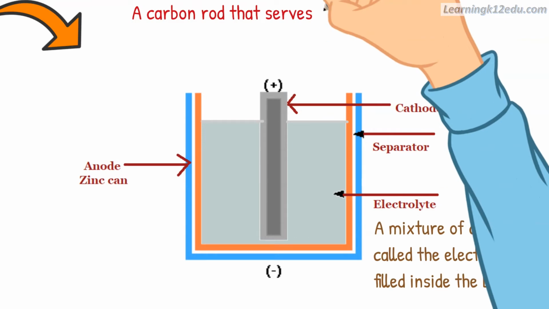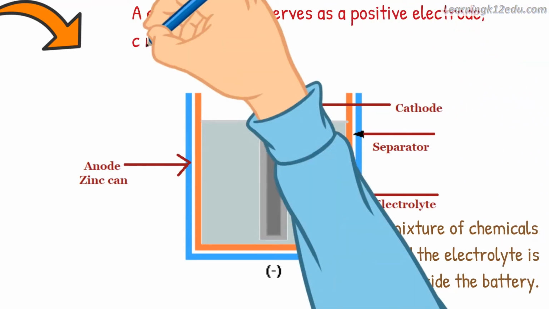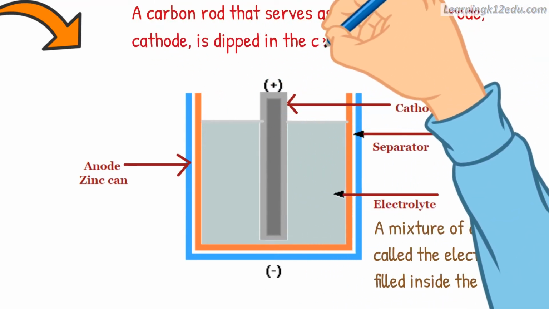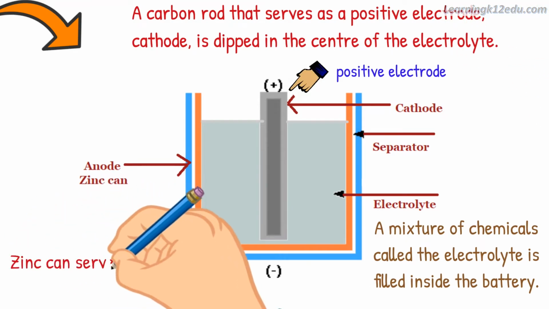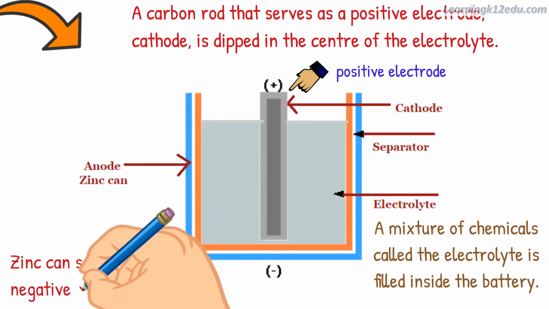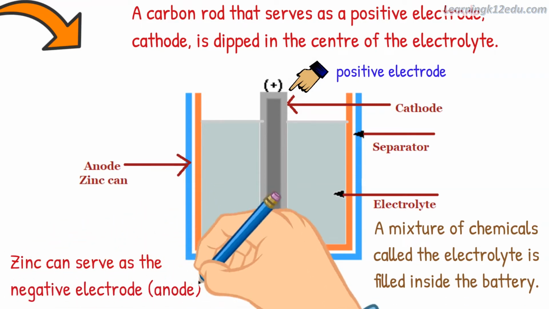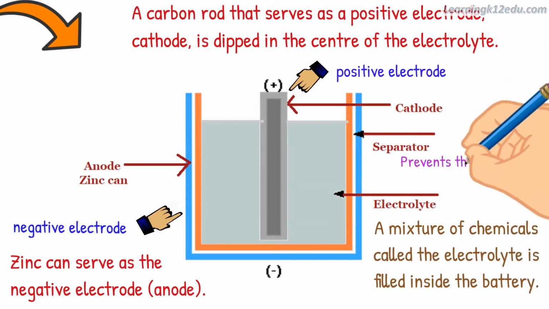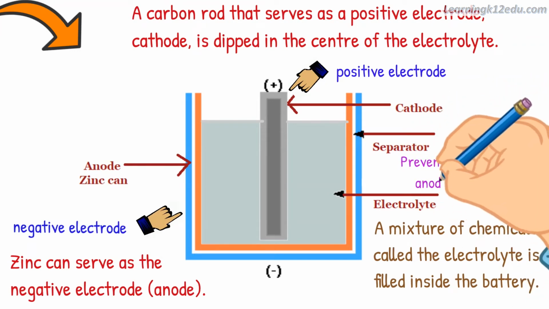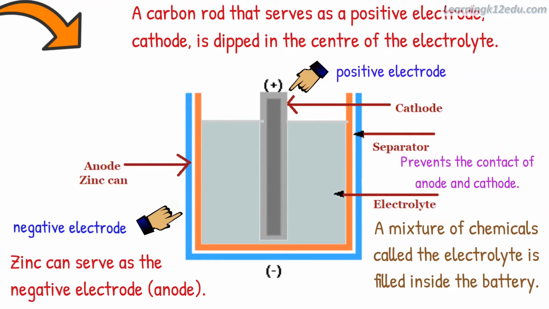A carbon rod that serves as a positive electrode, the cathode, is dipped in the center of the electrolyte. Zinc can serve as the negative electrode, the anode. A separator prevents the contact between the anode and cathode.